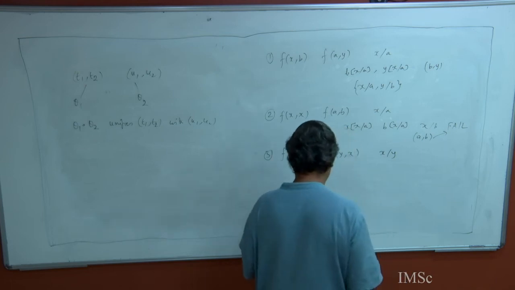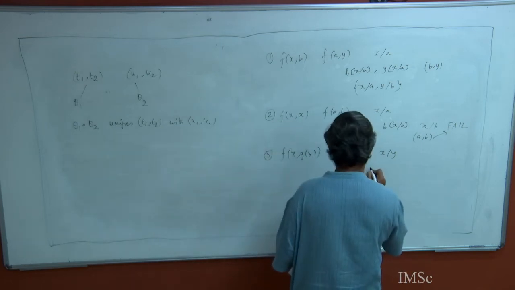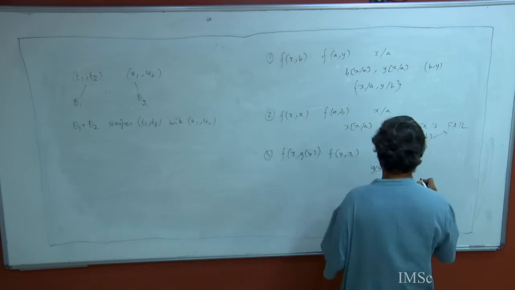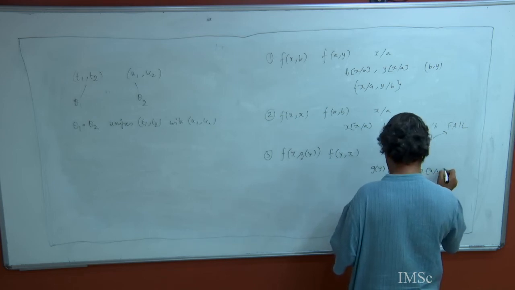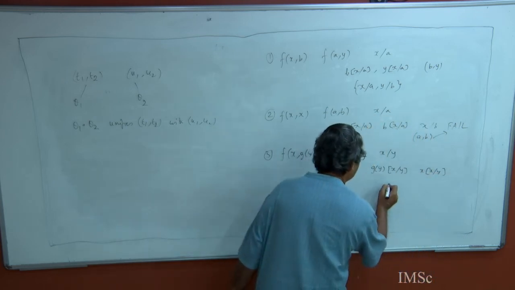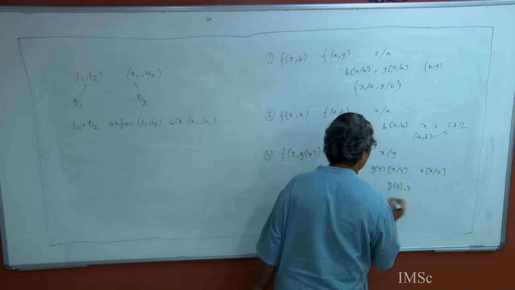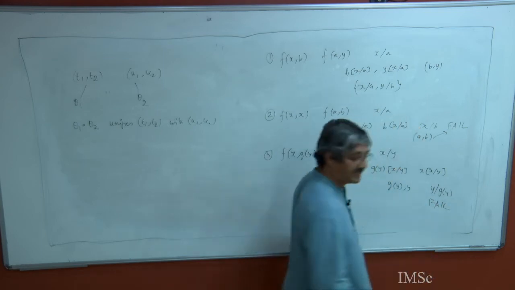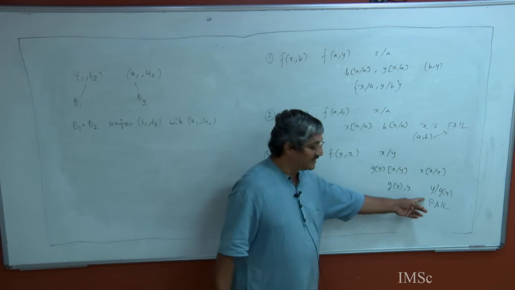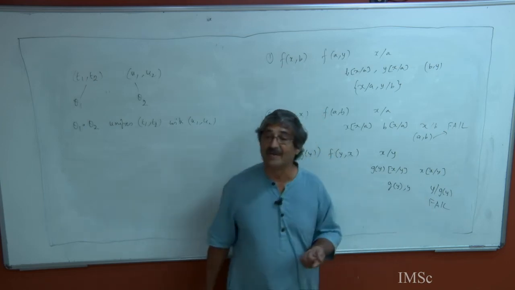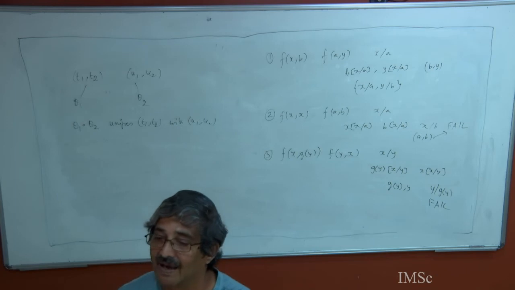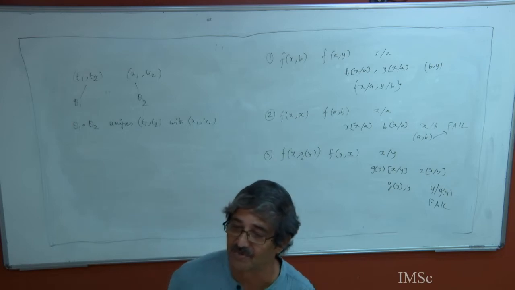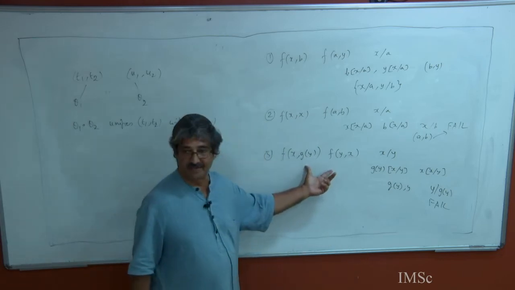But now, the next step, I am going to get g of y with x replaced by y, and x with x replaced by y. So I will get g of y, y. So that says I must substitute here, and now it will fail because of the occurs check. Remember that when you are trying to unify a variable with a term, if that variable occurs in it, that will lead to an infinite term, which is not possible. So these two terms are not unifiable.